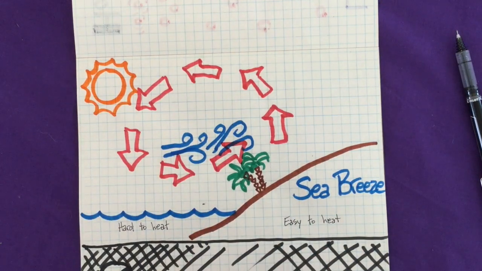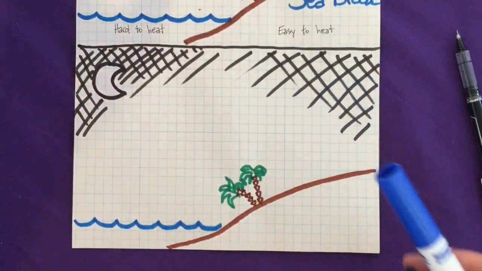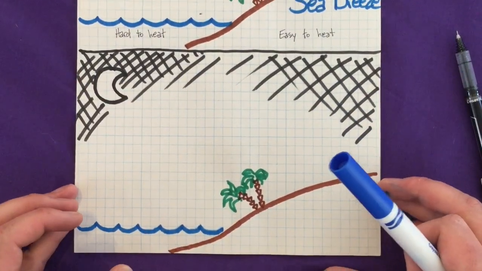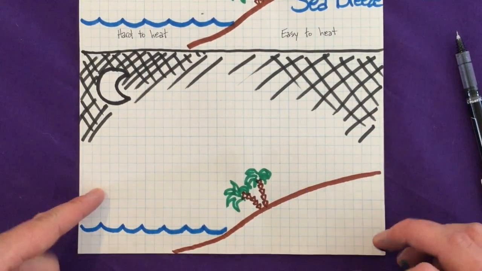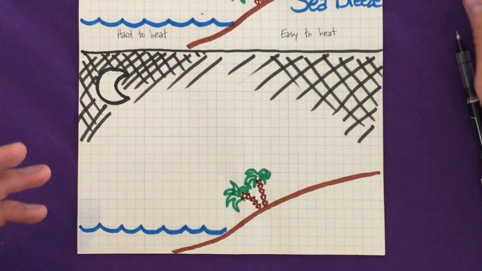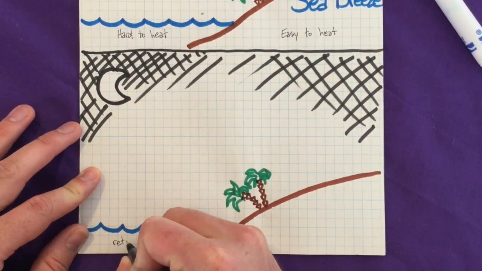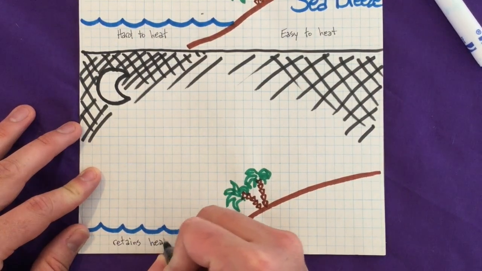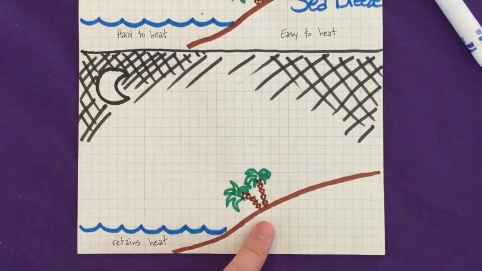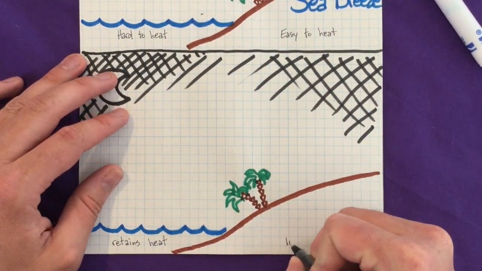Well, the same thing actually happens at night, but in reverse. Like I said, water is hard to heat and land is easy to heat. Because water is so hard to heat, it also retains its heat. It keeps its heat for a little bit longer. But the land actually loses heat pretty quickly.